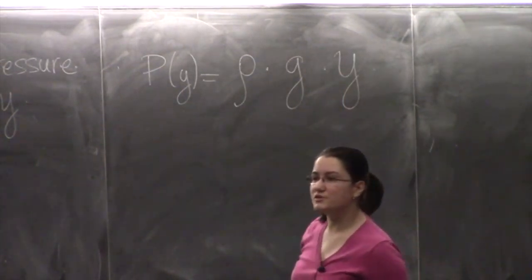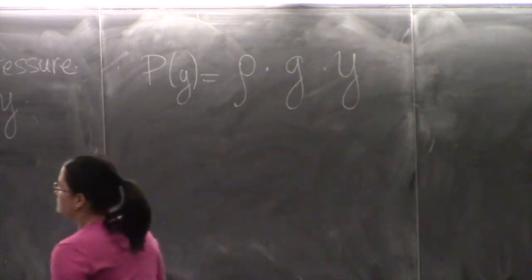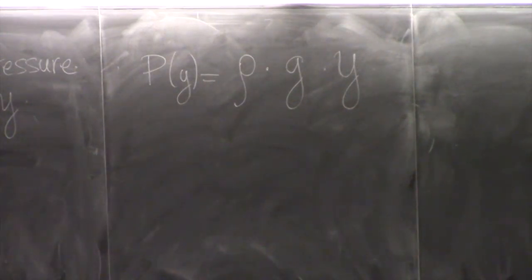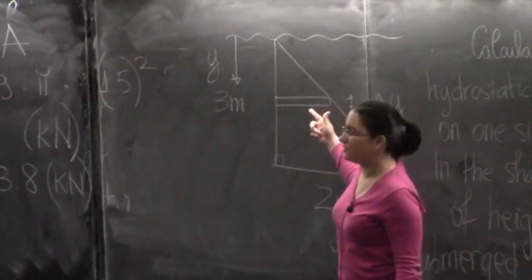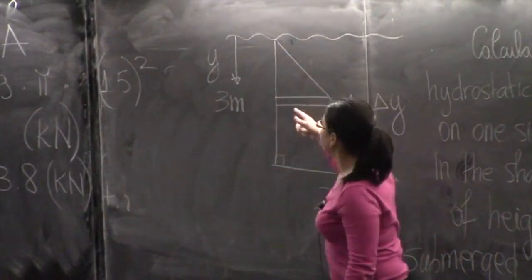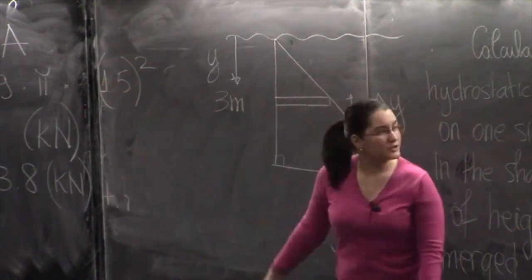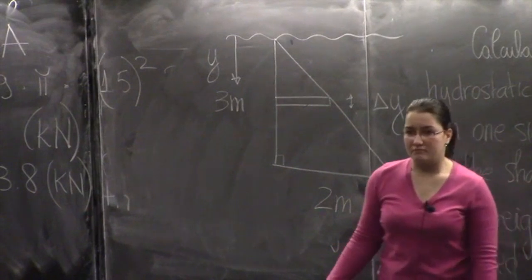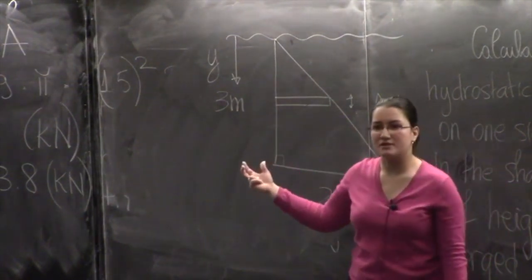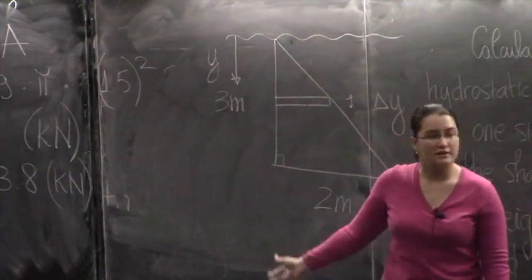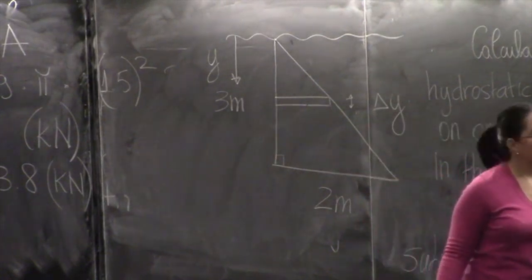So this is just rho gy. In other words, if we are at depth y, anywhere on the surface of the triangle, we are going to experience a pressure which is just rho gy. And again, the pressure doesn't really see the shape of the object, so it's just rho gy.